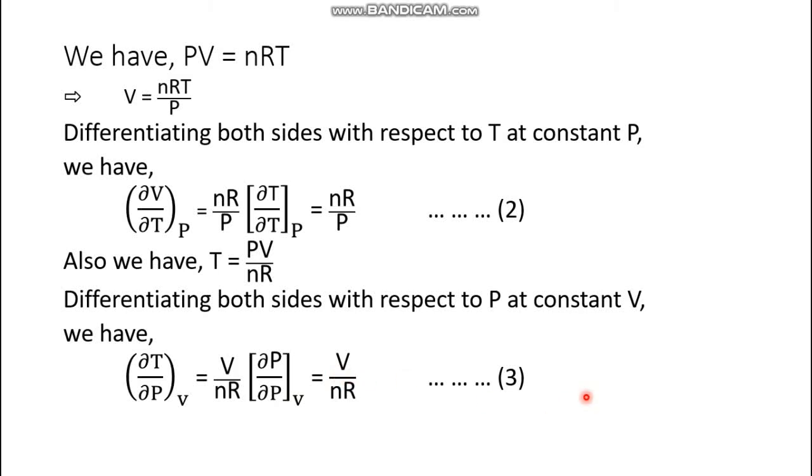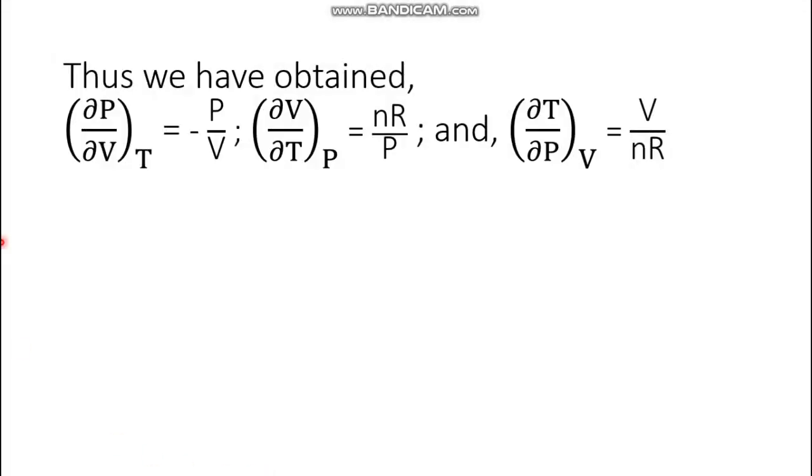So we have already obtained all 3 results. What are the 3 results? In equation number 1, del P by del V at constant T. In equation number 2, del V by del T at constant P. And equation number 3, del T by del P at constant V. So let's multiply them, equations 1, 2 and 3. These 3 results are summarized here.